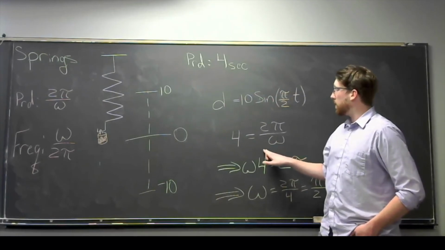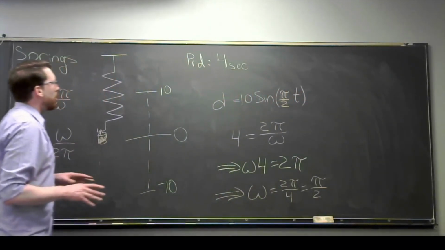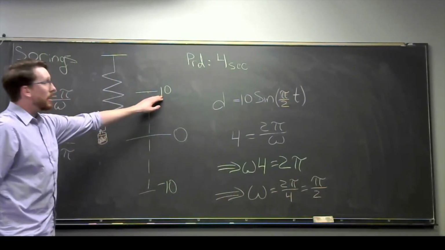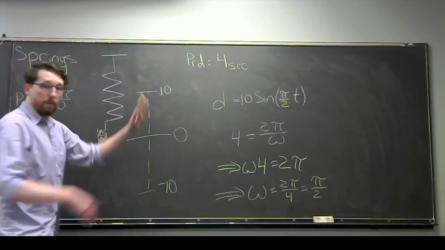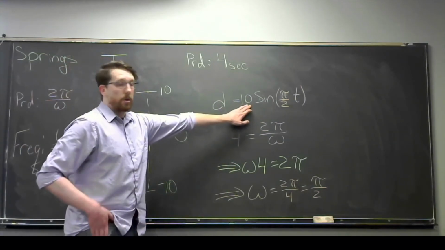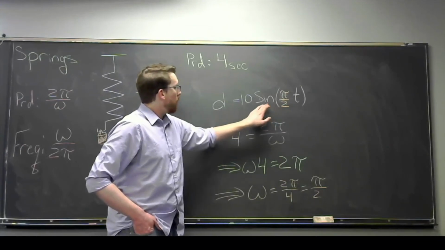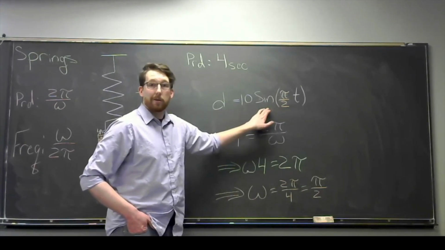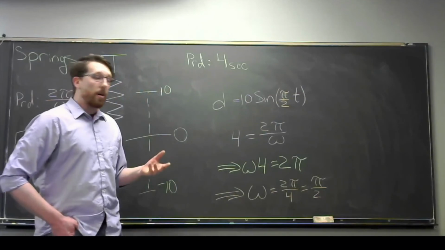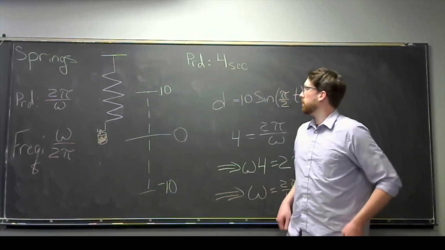So that lets us find omega. And we also know that the amplitude is 10. So putting all of these things together, we've got the amplitude, we've got omega, and we know because we're starting at 0, we're going to use sine. If on the other hand we were starting at the top or bottom, we would use cosine.